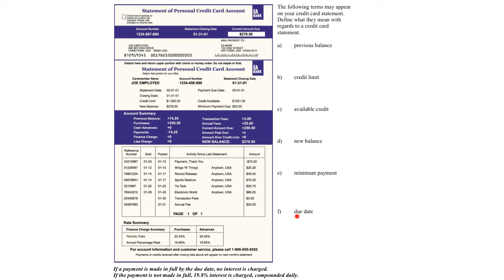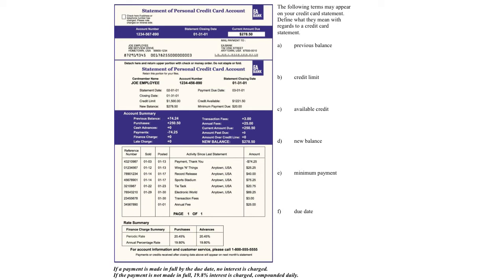And the last thing is the due date. So this is important to know. This is when the payment is due. So we see the payment due date right here. That just tells you when the credit card company needs to receive the payment.